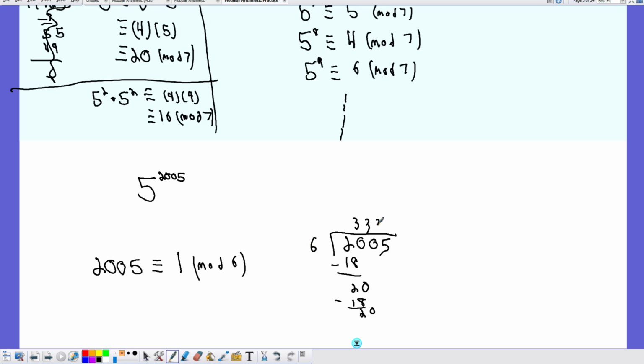Again, 3 and 20. Drop, 18. Drop down to get 2 and 5, which would mean 6 goes into 25 4 times with our remainder of 1, because 25 minus 24 is 1.